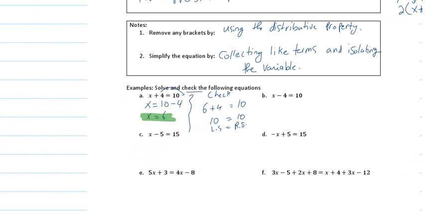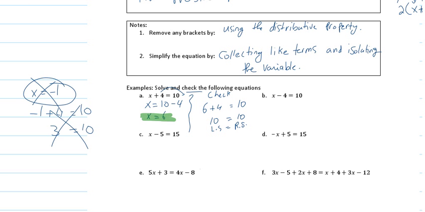Let's say I got this answer, and I want to check if my answer is correct or not. What I have to do is plug in -1 for x. So I have -1 plus 4 equals 10. What's -1 plus 4? 3. Is 3 equal to 10? No. So that means I've done something wrong. That means this answer is not correct. I have to go back and check it.